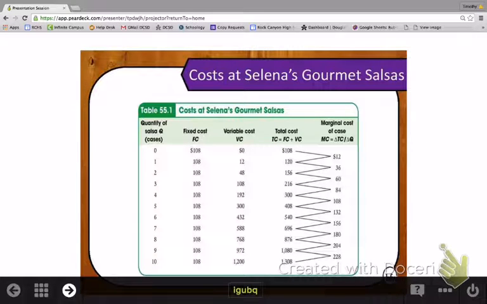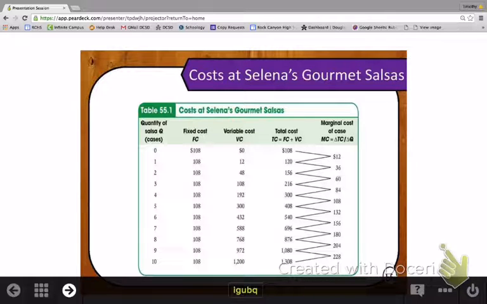This is another graph which shows Selena's gourmet sales, and again looks very similar to some of the charts that we've looked at previously. If you want to pause the video and go over this, it might help you to understand the difference between it before. But you see here she has fixed cost of $108.